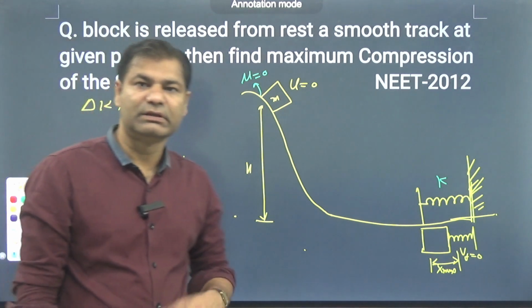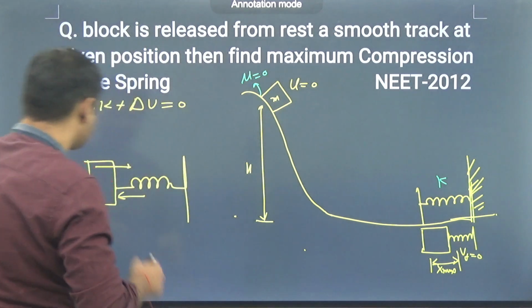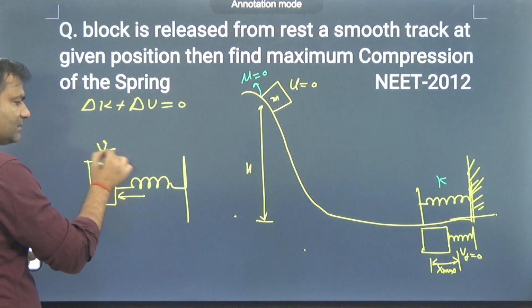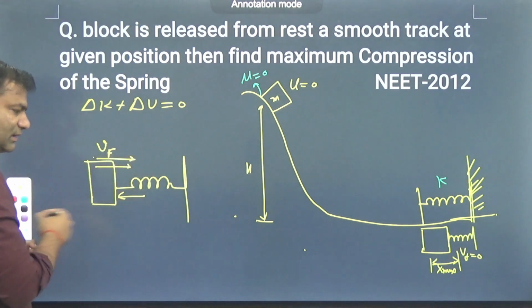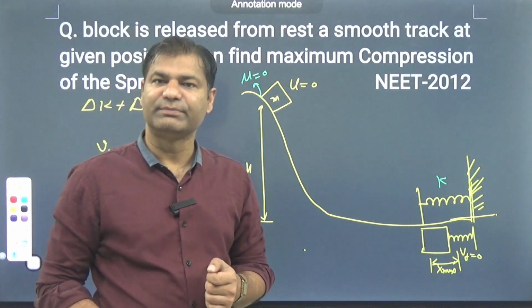Suppose the block has velocity v; the force applied is in that direction, and the spring also applies force here. Very simple.